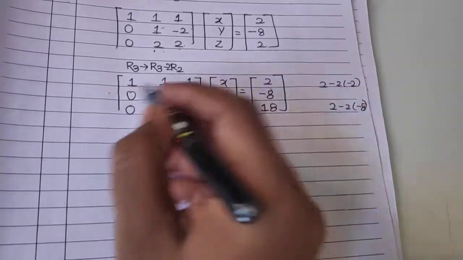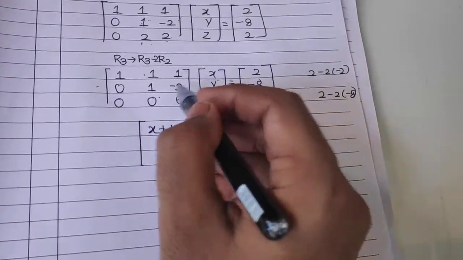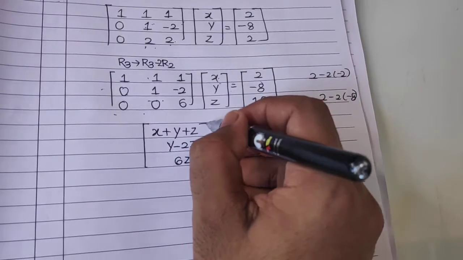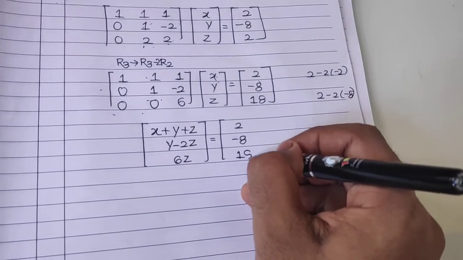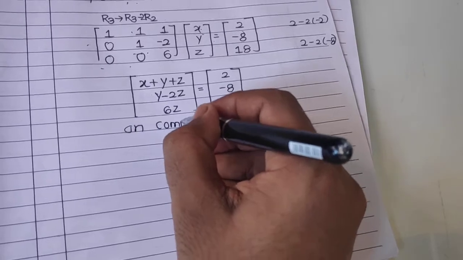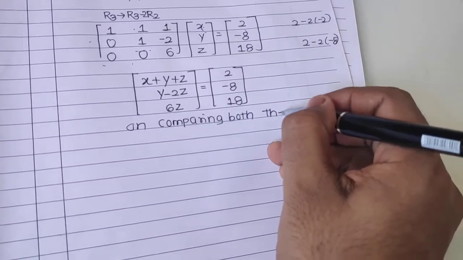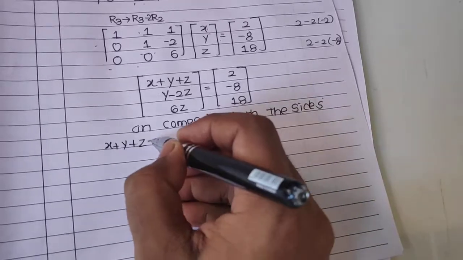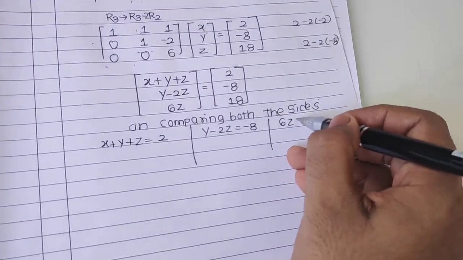So once we got a UTM on the left hand side, 1 into x, 1 into y, 1 into z, 0 into x, y minus 2z, 0 into x, 0 into y, 6 times z, so on comparing both sides, x plus y plus z equal to 2, y minus 2z equal to minus 8, and 6z equals 18.